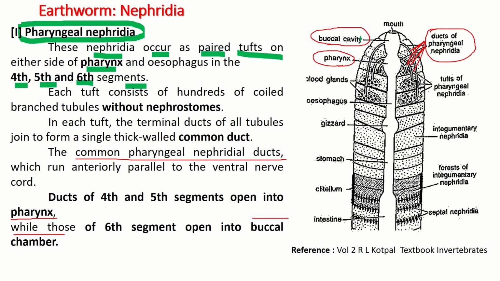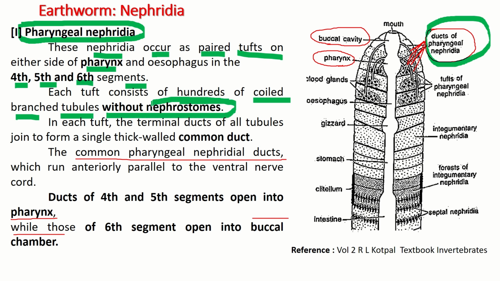Each tuft consists of hundreds of coiled branched tubules without nephrostome. In each tuft, the terminal ducts of all tubules join to form a single common duct.